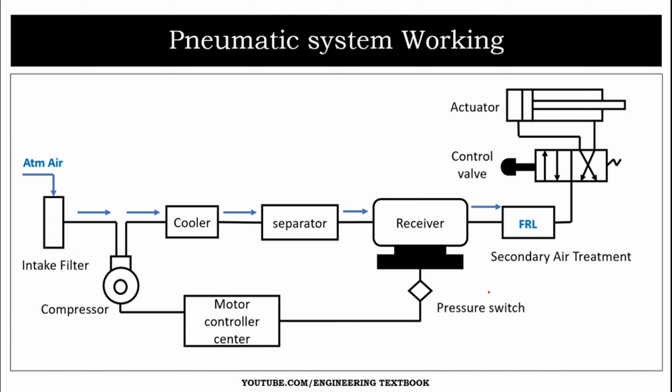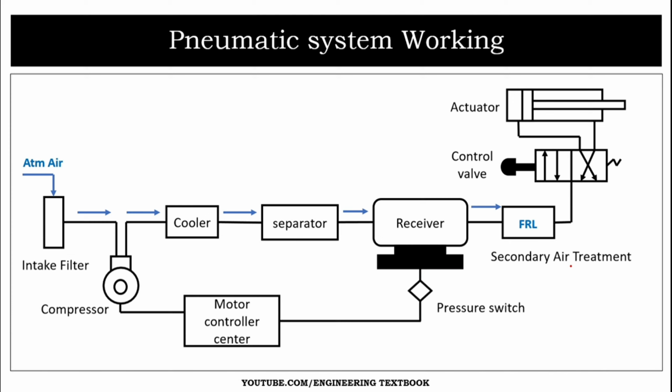This will have a serious impact on the remaining parts such as the compressor, cooler, separator, receiver, control valve, as well as actuators. It will damage the components. So by using the air treatment unit, the system performance and efficiency can be increased.